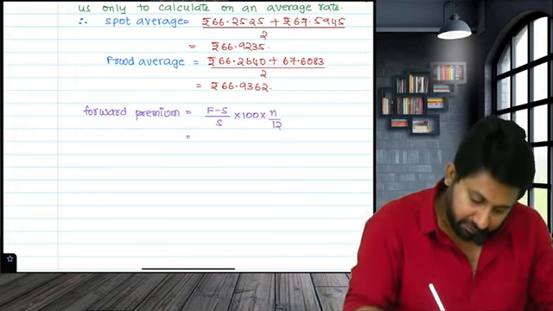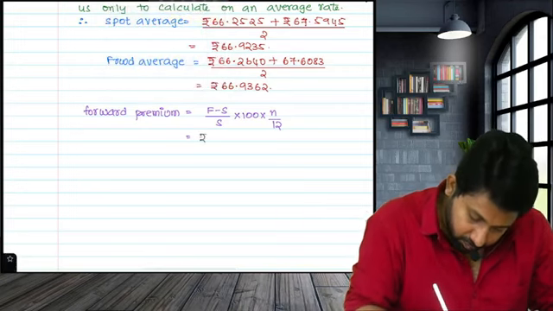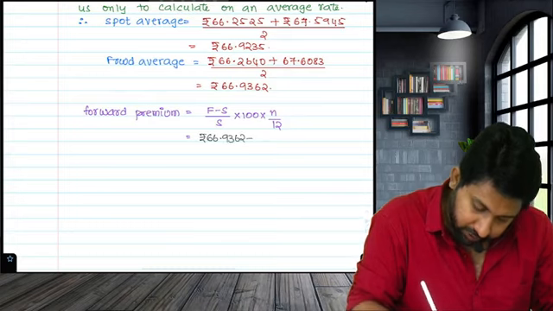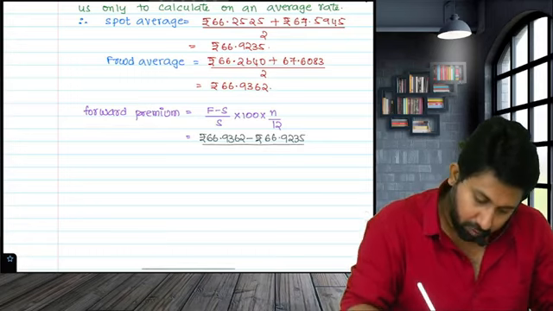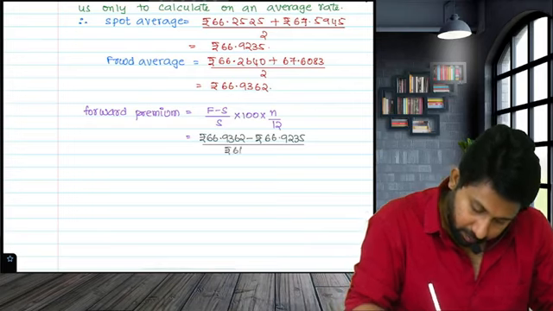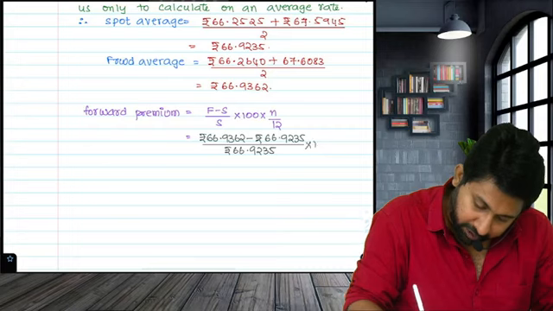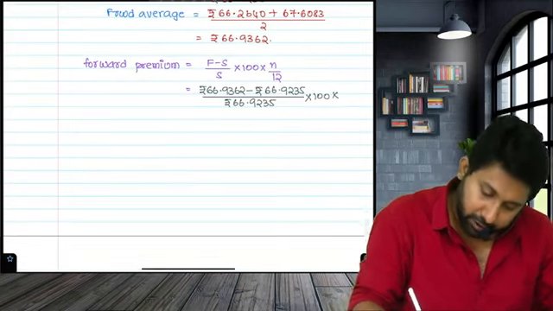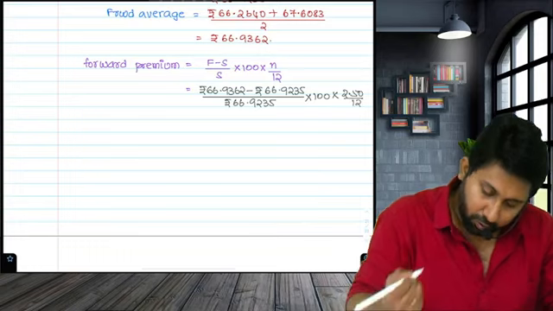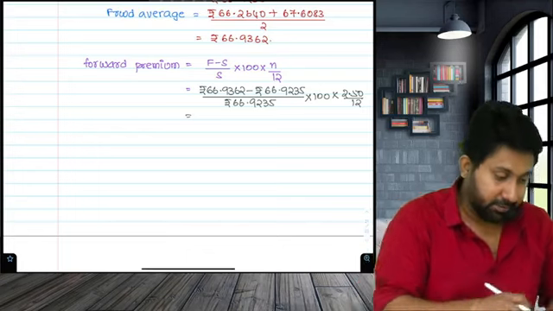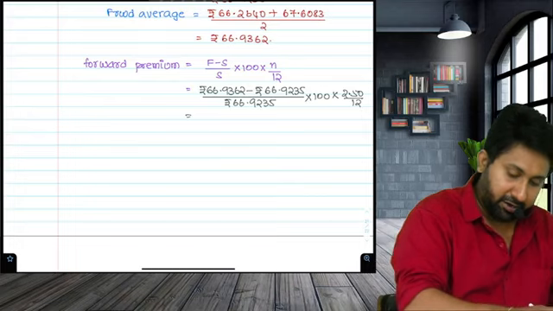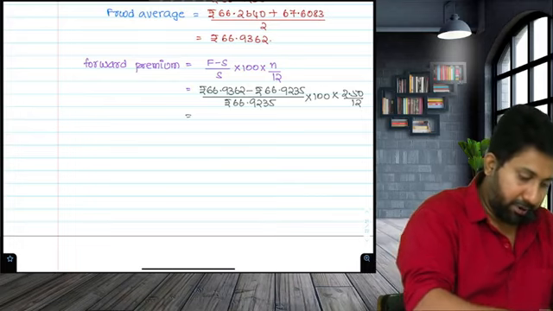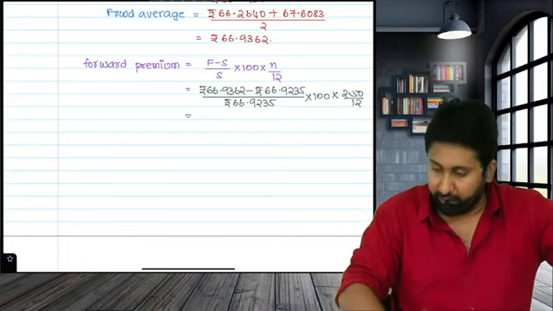That equals, what is the forward? Rupees 66.9362 minus rupees 66.9235, whole divided by 66.9235, into 100 into 2.5 by 12. Sorry, 2.5 months.